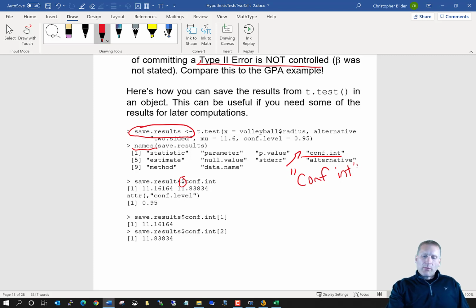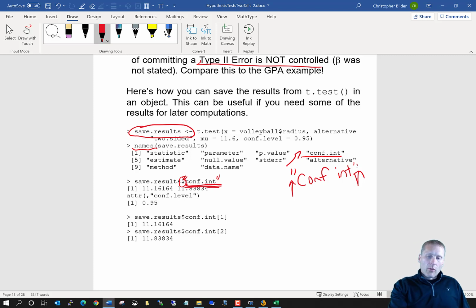Now, if you were to put conf space int after this $ sign, R is going to return an error because it doesn't know how to handle the space. So what one can do instead is leave the quotation marks around that and put it right after the $ sign. So even what I have here in terms of conf.int, if I were to put the quotation marks around conf.int, I would still get the same results back.